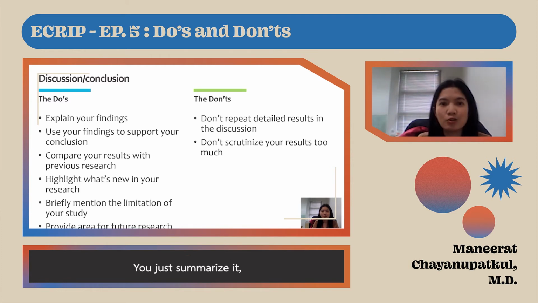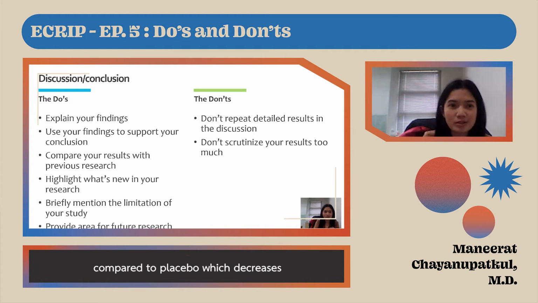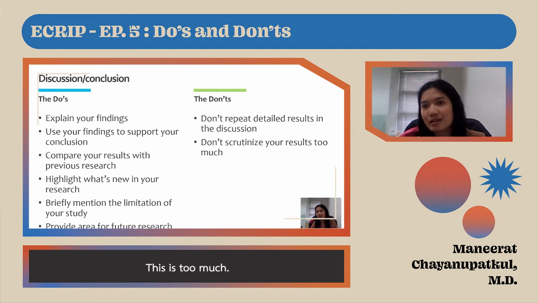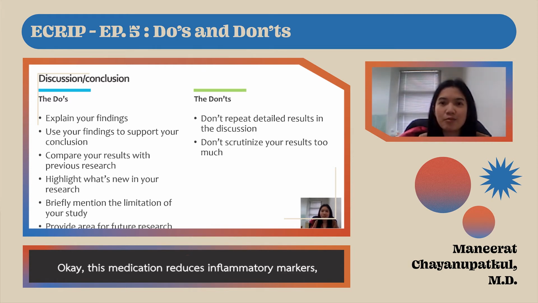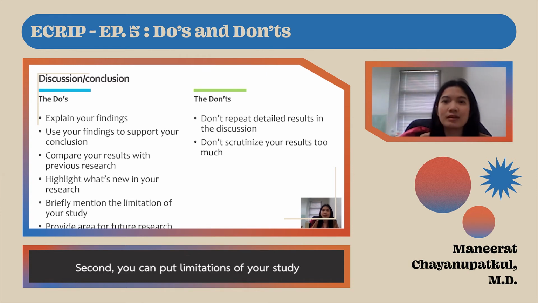You just summarize it, like instead of saying, medication A reduced ALT by so-and-so percent compared to placebo, which decreased this and this number. This is too much. You just summarize that this medication reduced the inflammatory marker, which is ALT, in patients with liver disease, for example.